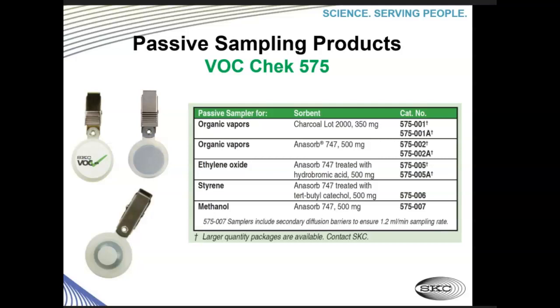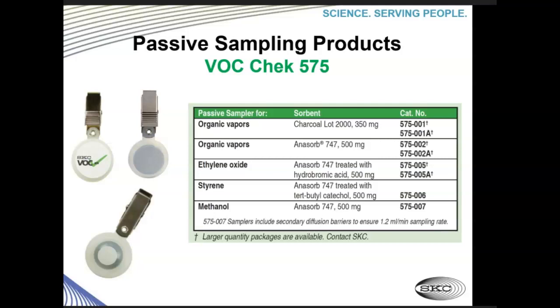Here you can see the different options for the 575, whether it be for organic vapors, ethylene oxide, styrene, or methanol. The 575 series offers a very dependable passive sampler option.